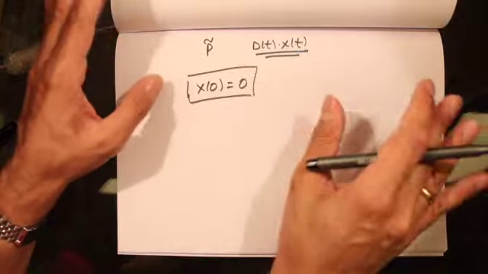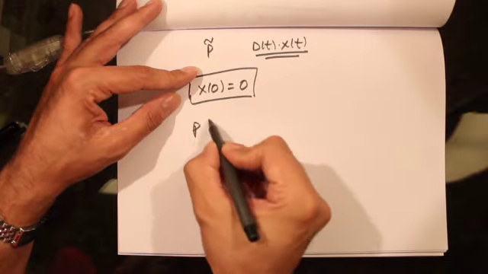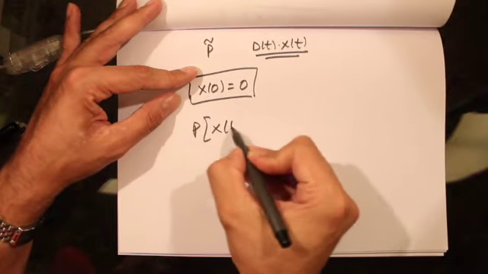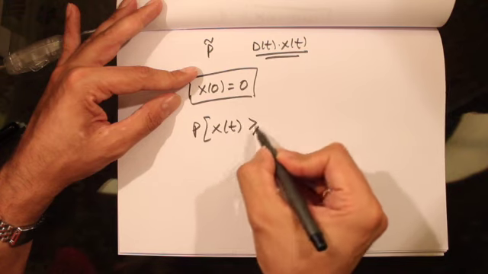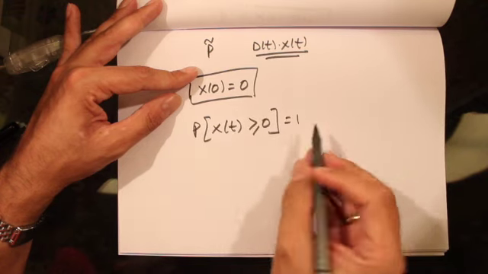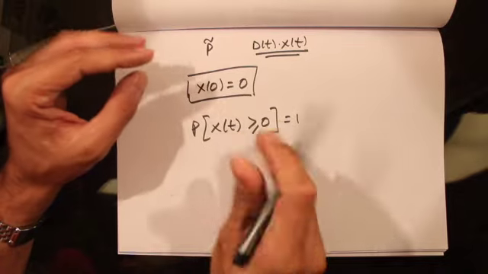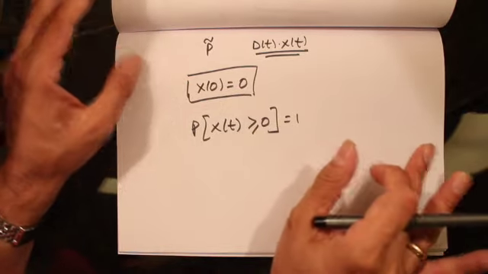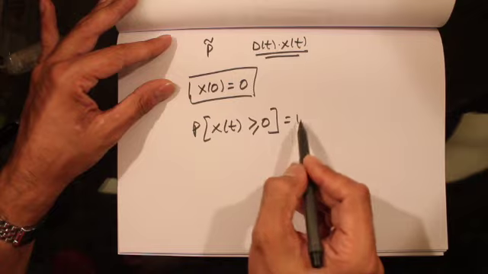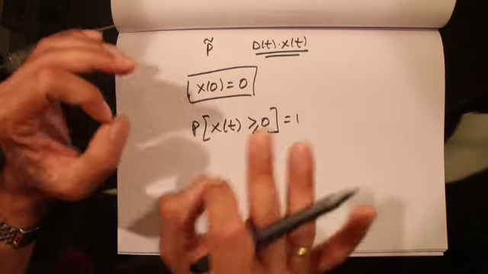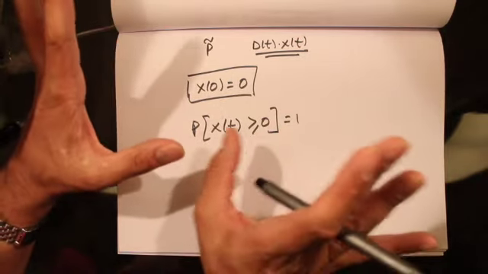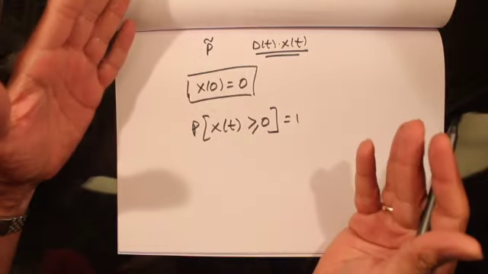So we never lose any money. That means the probability that X(t) is greater than or equal to 0 is equal to 1. That means the value of the portfolio never goes negative. We never lose money. That's why the probability is equal to 1.